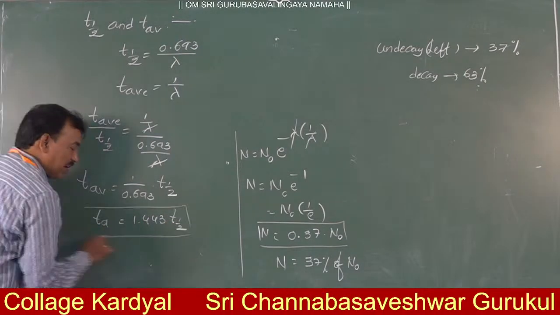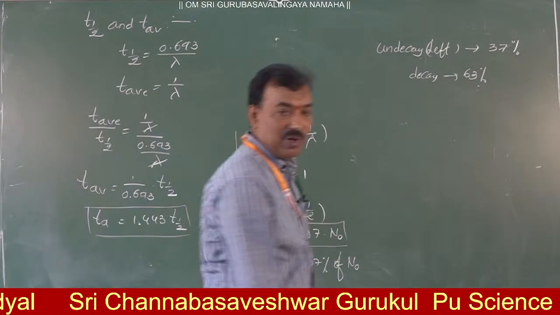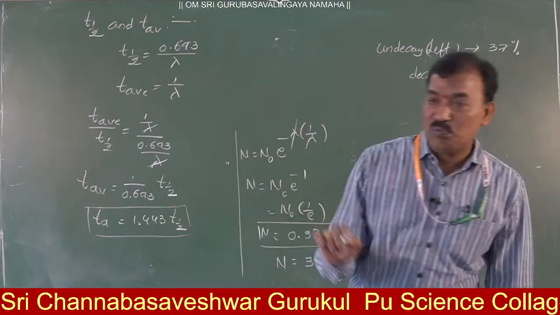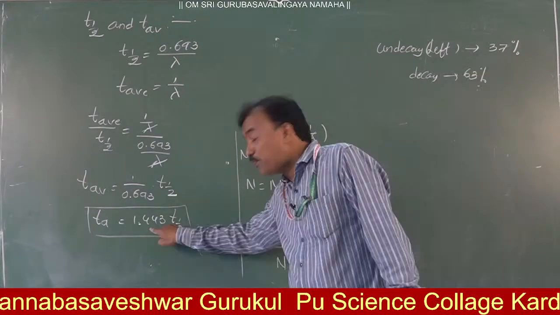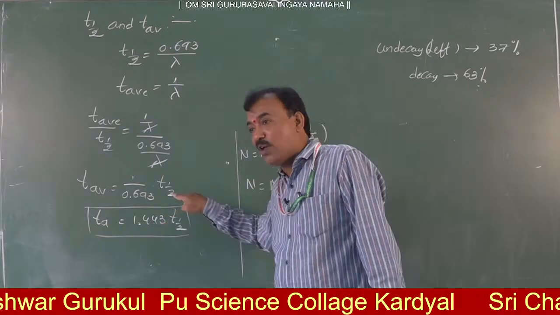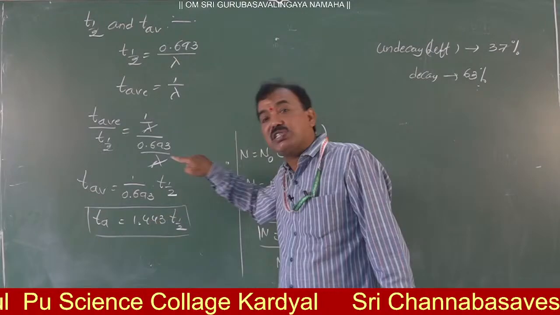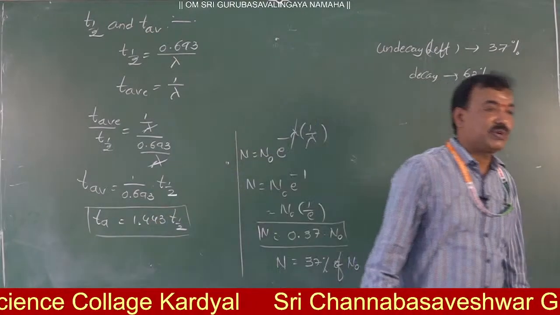Now tell me, which value is more, average lifetime or half lifetime? Average lifetime is more, almost 1.4 times the half lifetime, or nearly 44.3% more than the half lifetime.